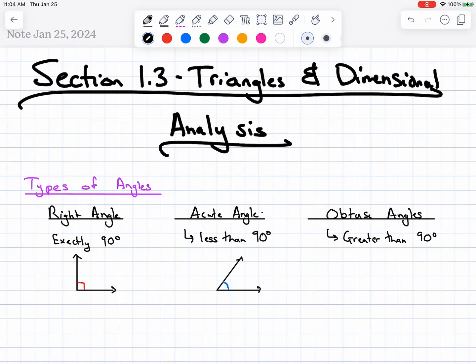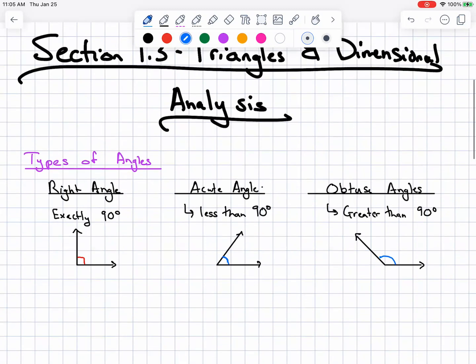And so those usually look like this. Once again, we're not going to draw a little box because this is not a right angle. And the reason why we know the types of angles is because those define the different types of triangles.